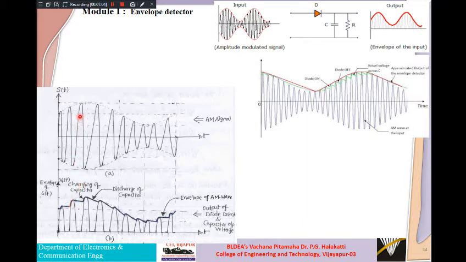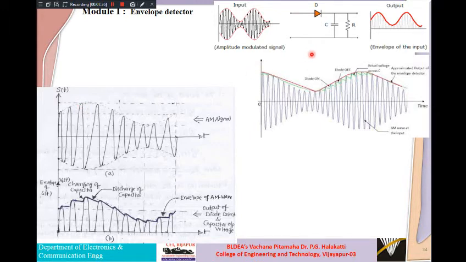During the positive peak, meaning when it is rising from 0 to the peak of the positive half, at that instant your diode is on, and that will take care that the capacitor will start charging. Okay, now your capacitor will charge up to this positive peak, and it will stop.